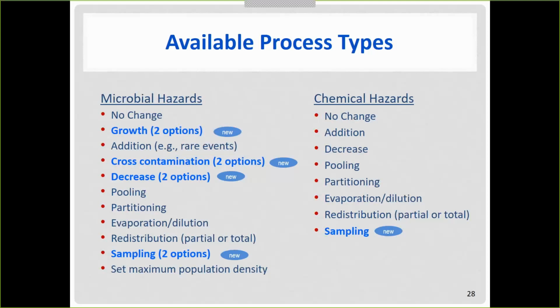These new features add to the number of built-in process types previously in the tool for users to choose from in order to describe the effects of different food production, processing, and handling steps. A new sampling process type is now available for both microbial and chemical hazards to simulate the effect of rejecting contaminated products from the food supply.